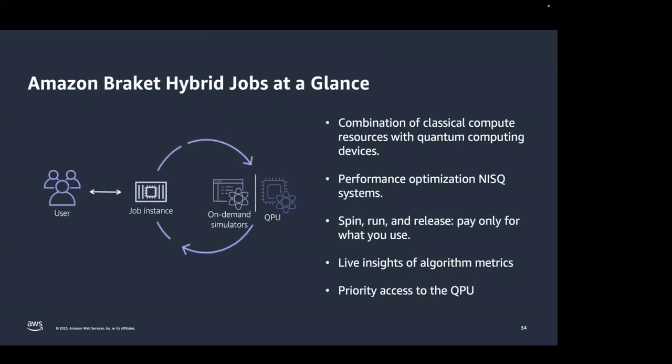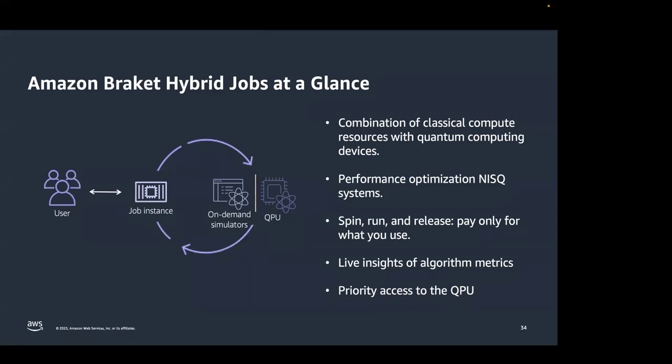So at a glance, when you look at the hybrid jobs feature, as a user, you will see that there is a job instance. That job instance defines the distribution of what part of your script is going to run on classical resources, what part is going to use the on-demand simulators, and what part is going to use the actual QPUs, right? And then this cycle goes on, and that's what quantum hybrid jobs is.